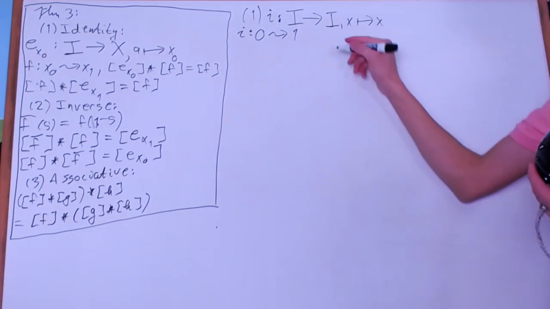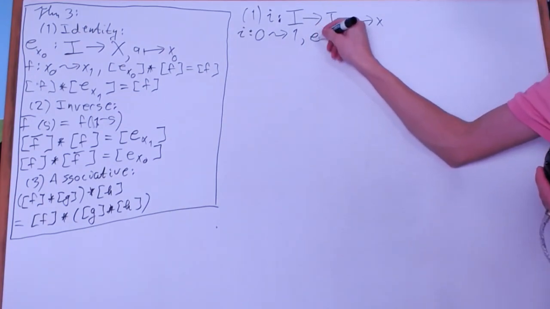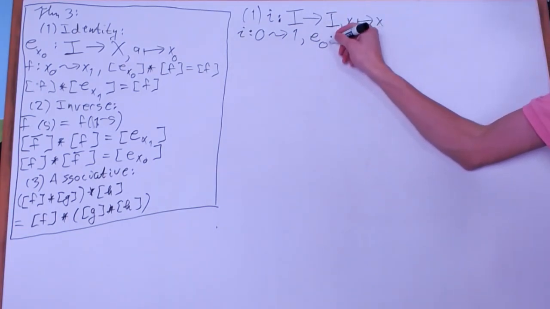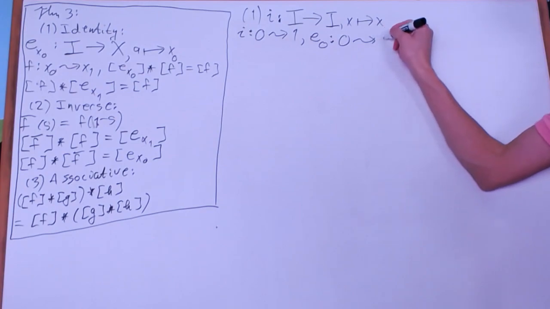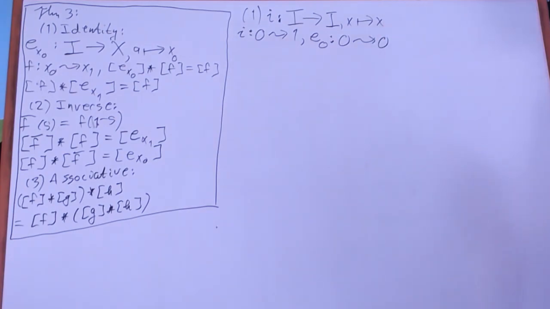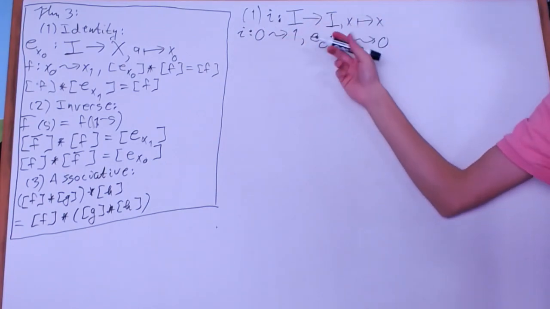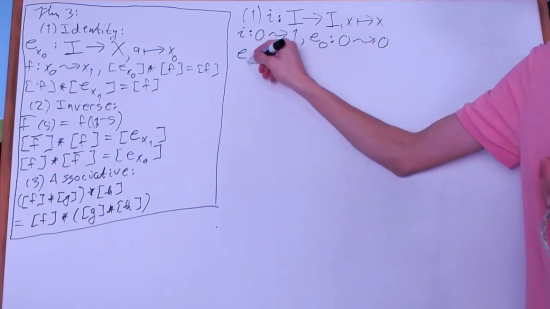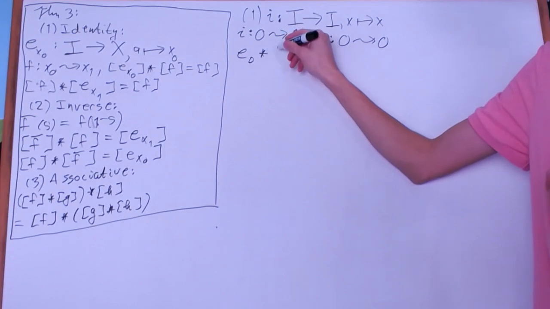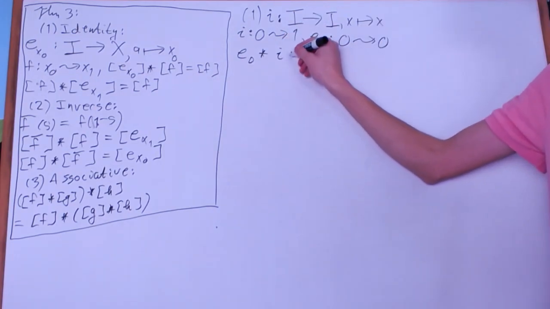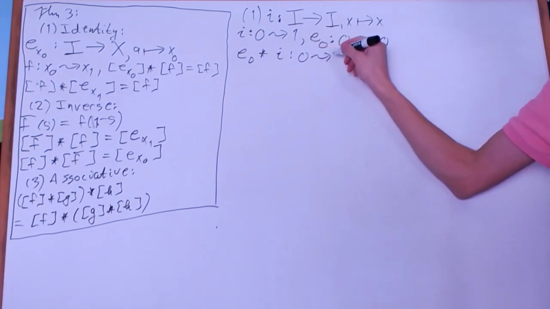Alright, then we can go ahead and look at the constant function E0. Now this will be a path from 0 to 0, right? Oh, look at that! This is from 0 to 0, this is from 0 to 1, therefore I can do E0 star I. And this will be a path which is from 0 to 1.